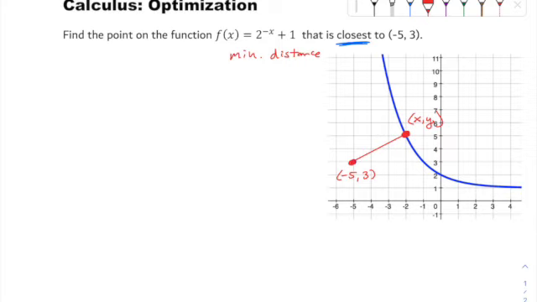Okay, so if you remember your distance formula, we're going to be using that. If you don't remember your distance formula, remember it's all based off the Pythagorean theorem, right? It's just a right triangle where you're finding the hypotenuse: a squared plus b squared equals c squared.